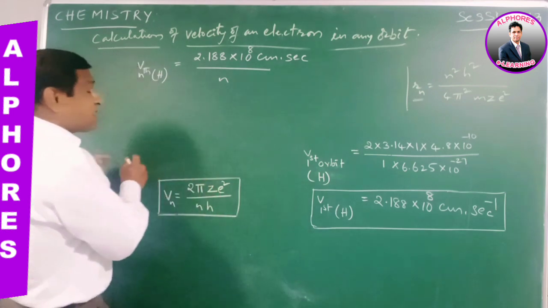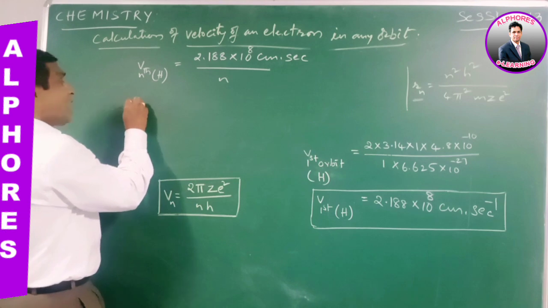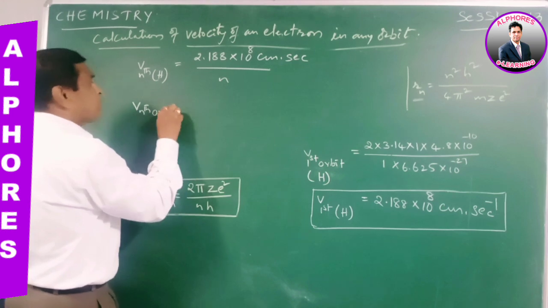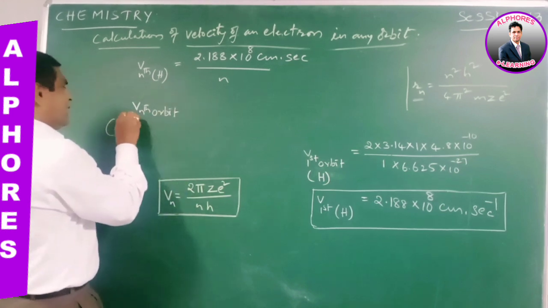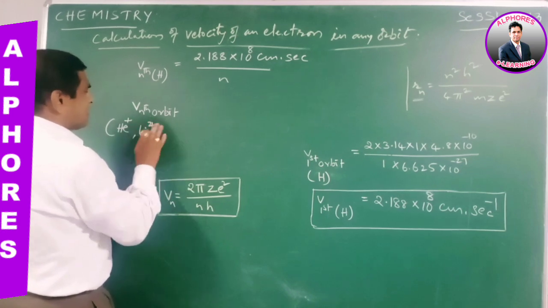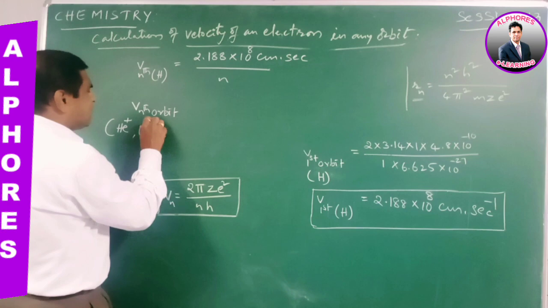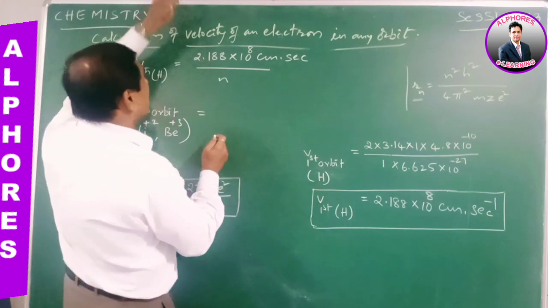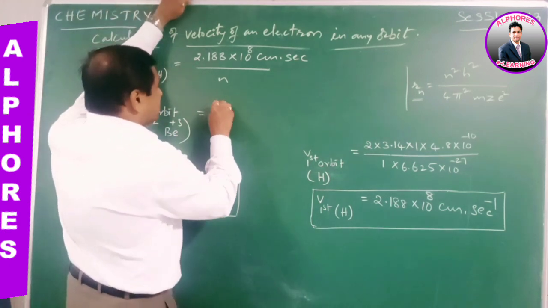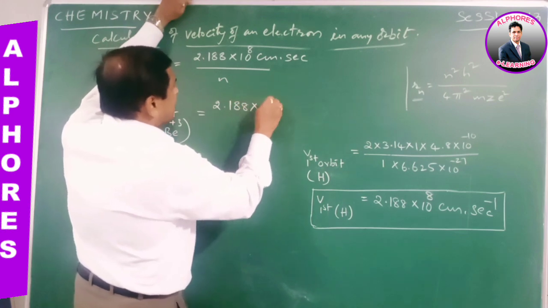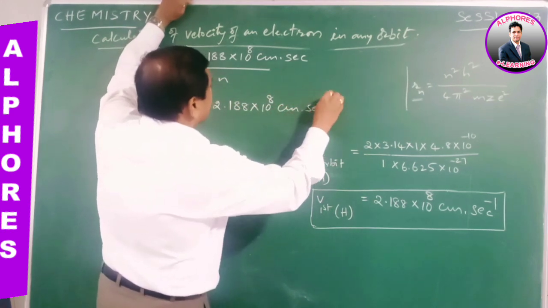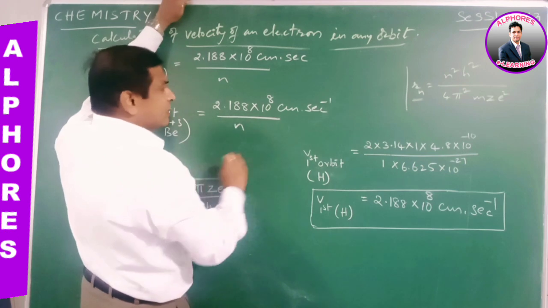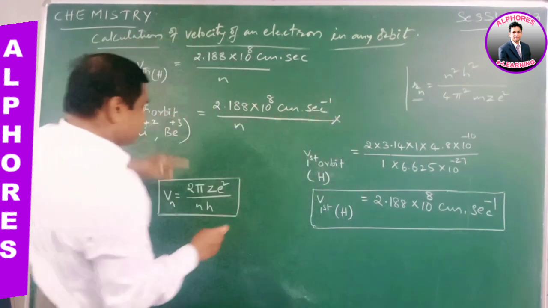Now for species like hydrogen containing one electron, like helium plus, lithium 2 plus, beryllium 3 plus, the velocity of the electron in the nth orbit is equal to the velocity in the first orbit, 2.188 into 10 to the power 8 centimeters per second, divided by n, into z.